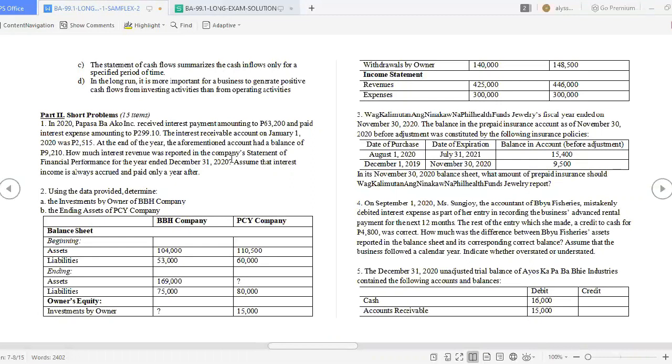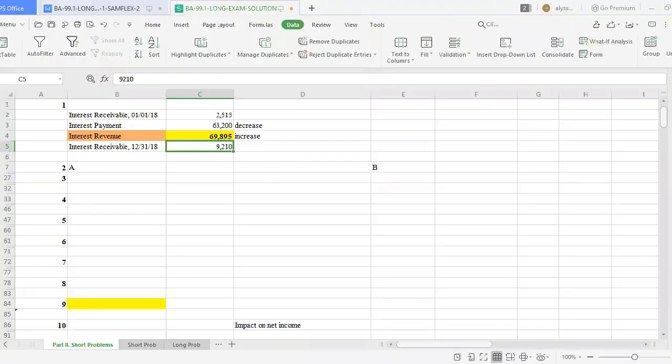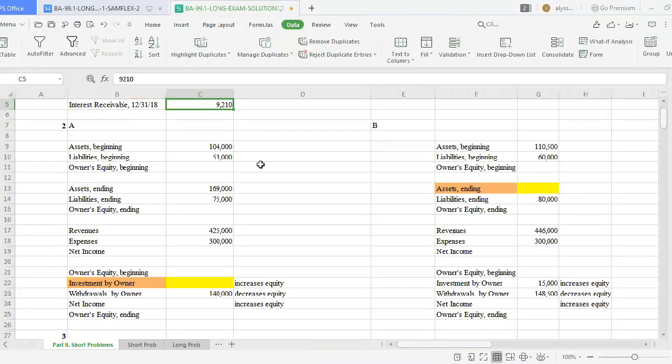So since we're looking at the owner's equity, let's get the beginning, the increases of owner's equity, which is the investment. You decrease it by the withdrawals and then the ending. So here in number 2, I already plotted the given.